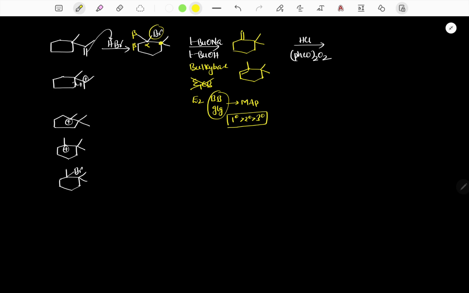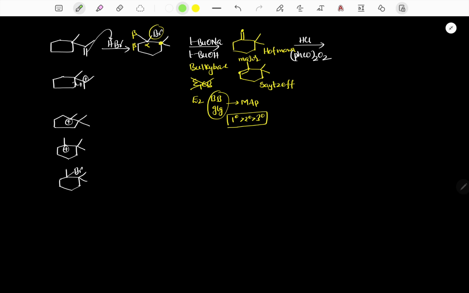But we know this is the most acidic proton, and that is the less acidic proton. The first alkene has the double bond connected to a smaller number of substituents, therefore the first alkene is Hofmann, the second alkene is Saytzeff, and Hofmann is major.